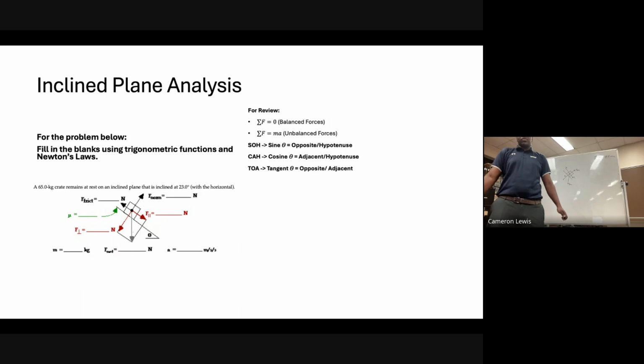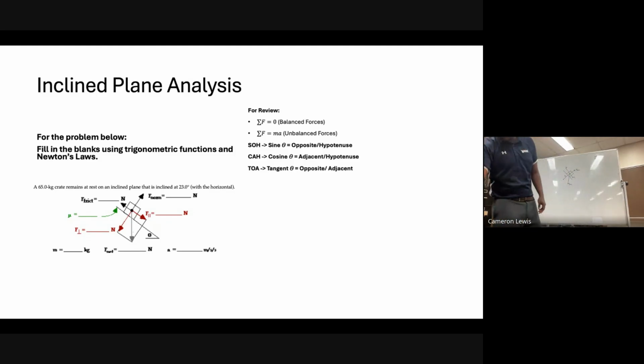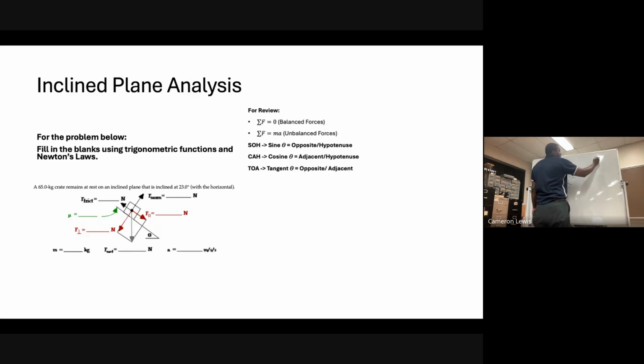Now with it being at rest, the sum of the forces is equal to what? 0. Balanced. So we don't even have to look at this one. Let's start with our first scenario, we did it last time.